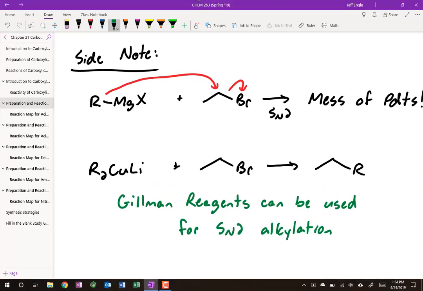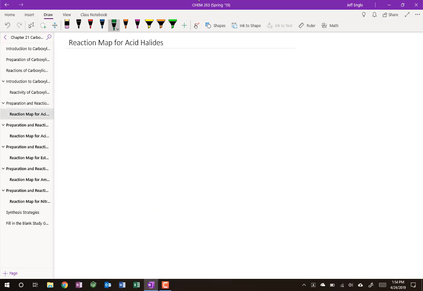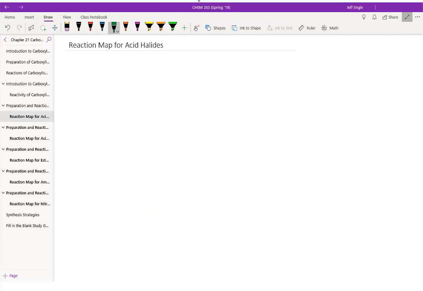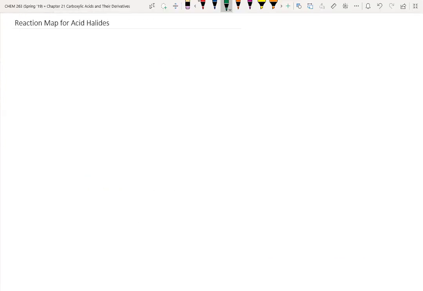What I like to do at the end is make a mini reaction map. So you remember reaction maps from last term? We're just gonna make a mini one for acid halides. All right, so how can I go from a carboxylic acid to an acid halide again?